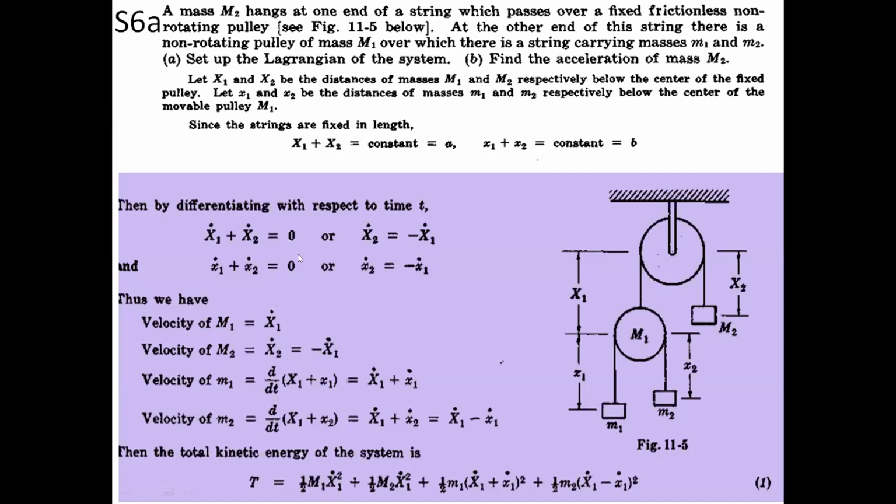Differentiating with respect to time, we get Ẋ2 equals minus Ẋ1 and ẋ2 equals minus ẋ1. The velocity of m2 is minus Ẋ1 of course, and the velocity of m1 will be Ẋ1 plus ẋ1, the time derivative of uppercase X1 plus the time derivative of lowercase x1.